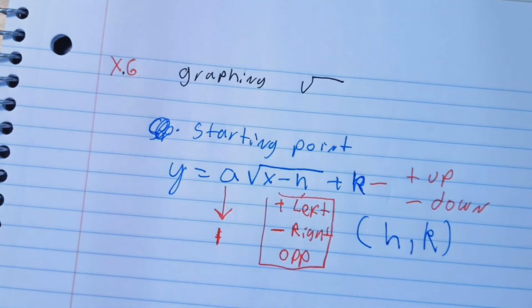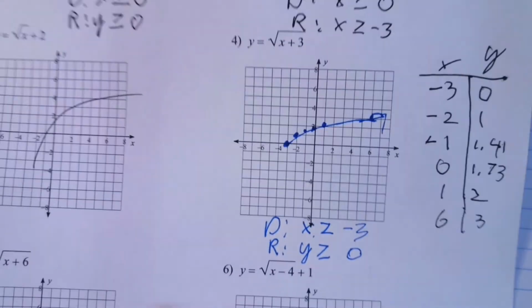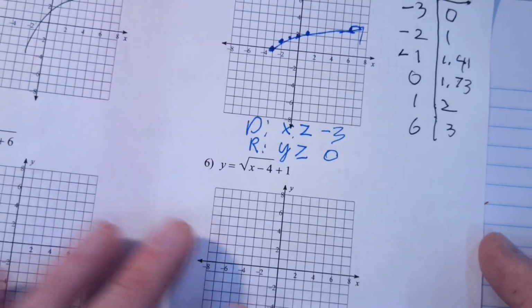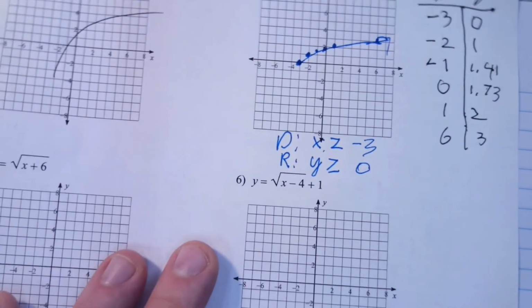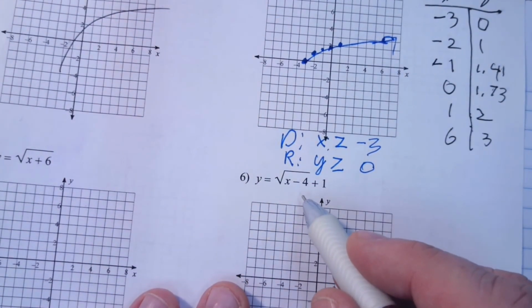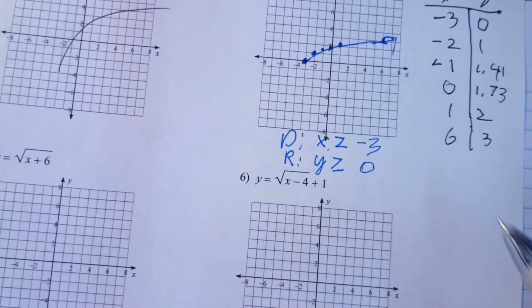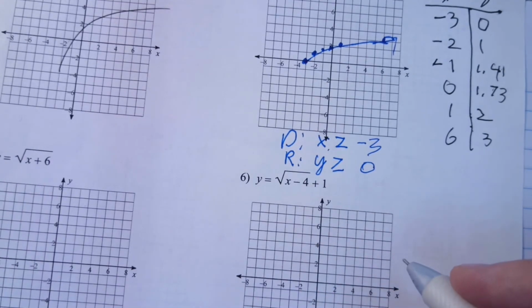This is kind of our starting point. So we're going to look at number 6, and we're going to identify our starting point. Okay, use your notes to figure out your starting point. I do have the H and the K. So write down your starting point.